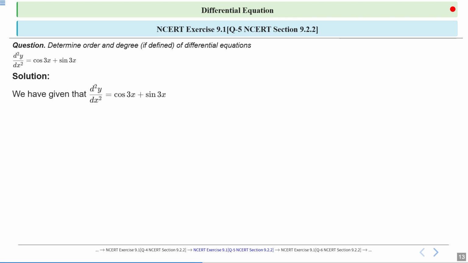So we have given that d²y/dx² = cos 3x + sin 3x. So d²y/dx² − cos 3x − sin 3x = 0.